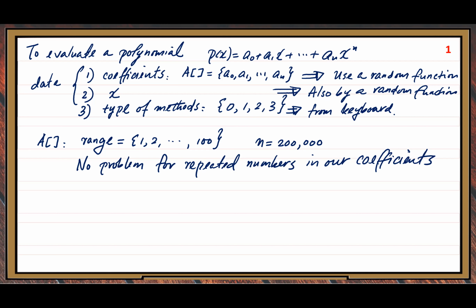And usually we do not require unique values for polynomial coefficients, right? That's not a requirement. So for repeated values, numbers in coefficients, we do not need to worry about anything, right?